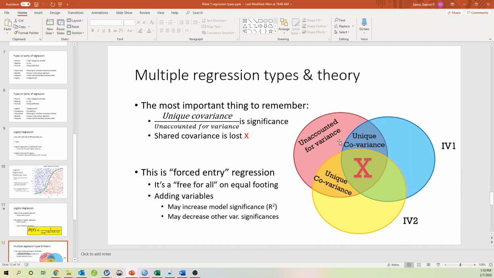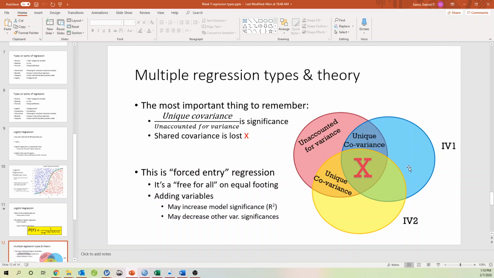Well, the covariance between one variable and another, that's going to be the significance for that independent variable. So this overlapping part of the blue independent variable is going to be compared to the remaining dependent variable variance to come up with significance. This is kind of your baseline correlation.